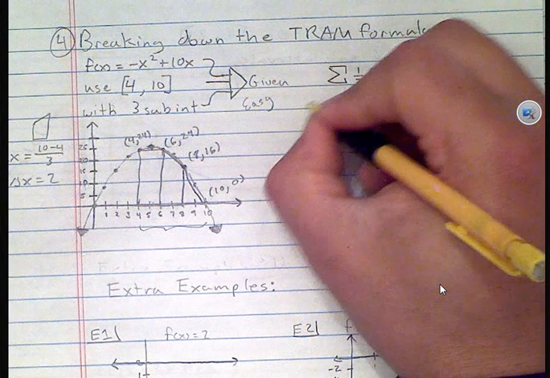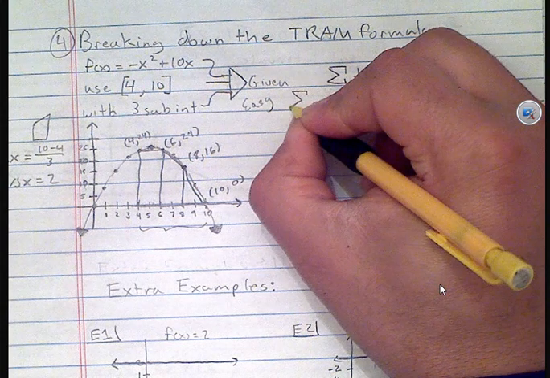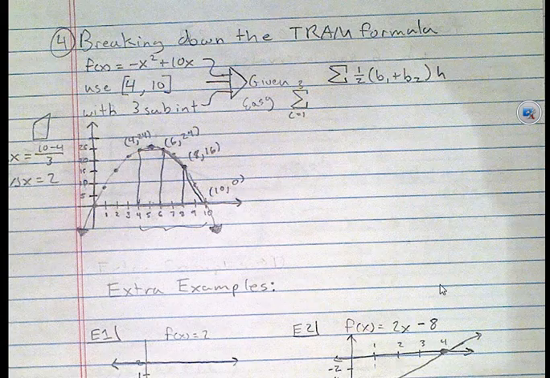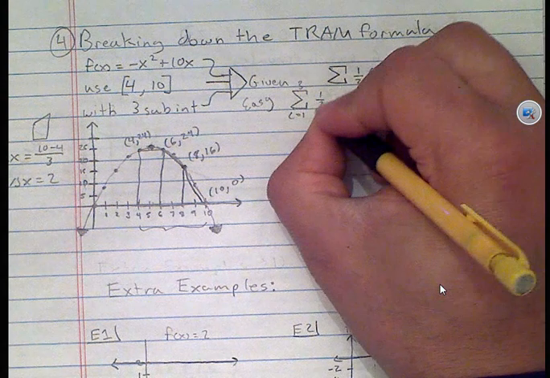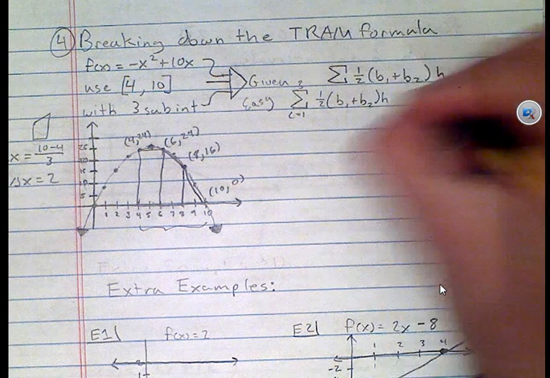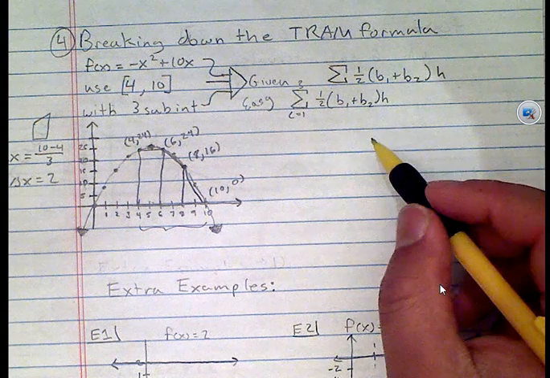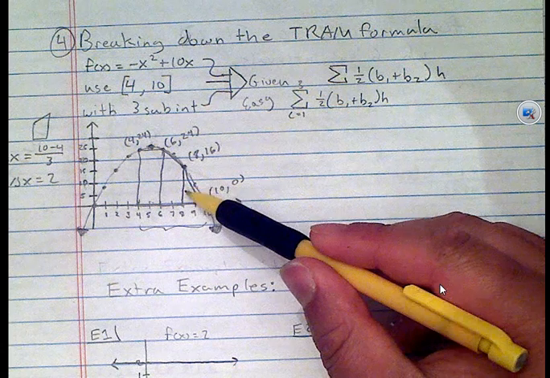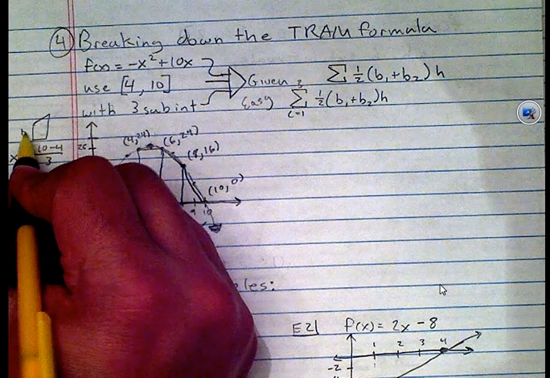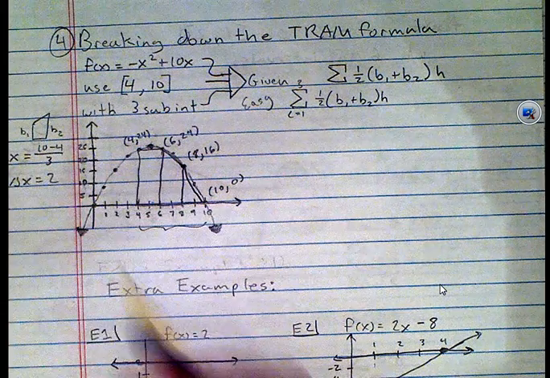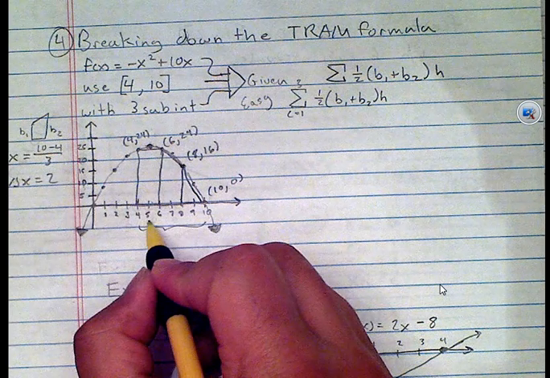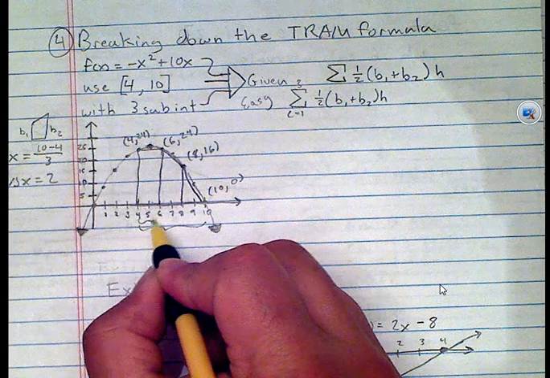Alright, so you got your summation, i equals 1 to 3. Got your 1/2 base 1 plus base 2 times height. Now look here. Your height is not actually the height anymore, because like in this example, your base 1 and your base 2 are actually the heights. And your height is actually each of these distances right here.